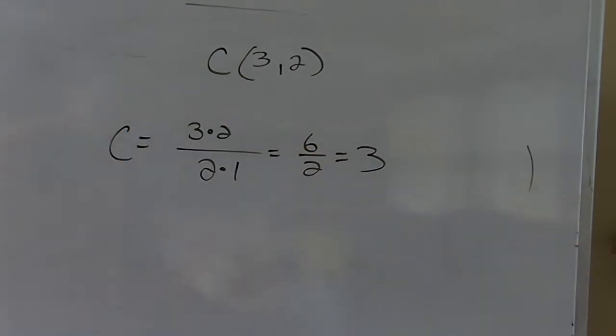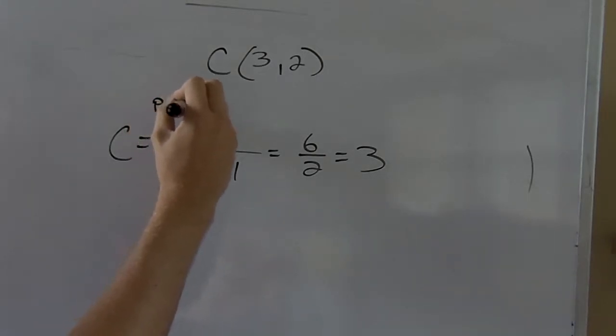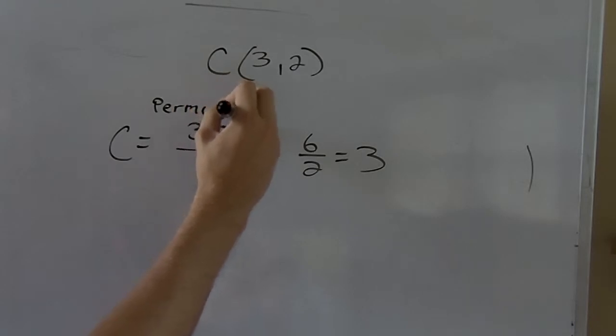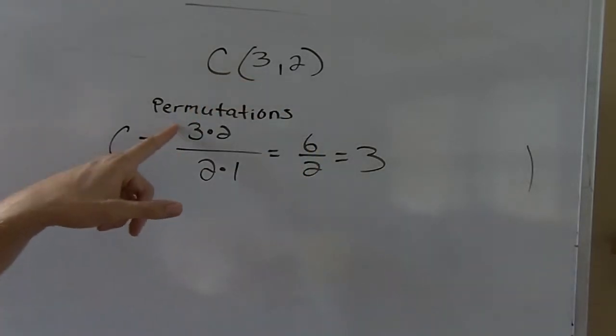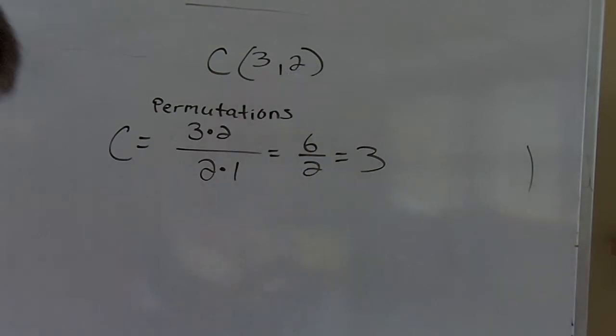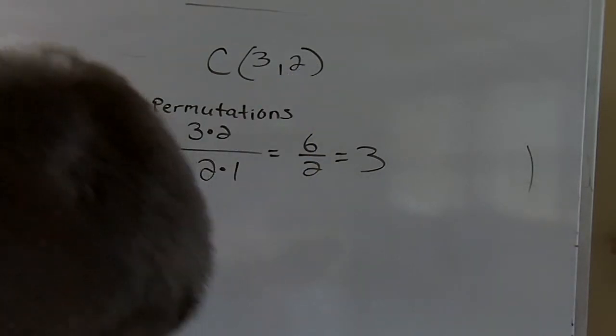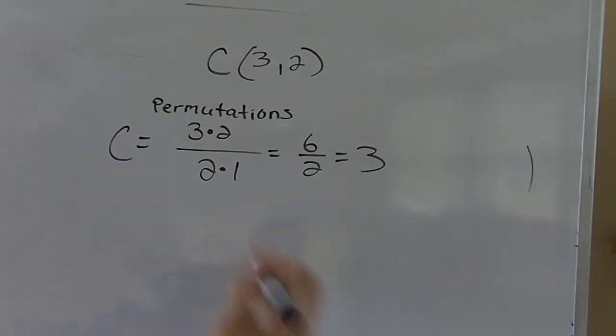Here are the permutations on top. And I don't know a better way to describe this number here other than saying that it's the grouping number.